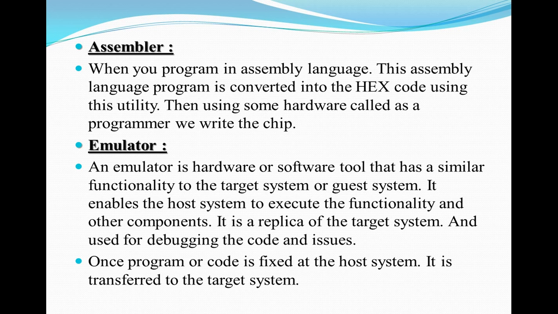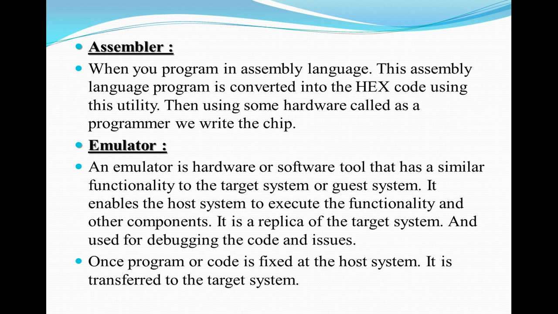First one, assembler. When a programmer writes in an assembly language, this assembly language program is converted into the hex code. As I told you earlier also, whenever you write a program, whether in C language or in assembly language, that code has to be converted into the hex code, and it is converted using the assembler utility.